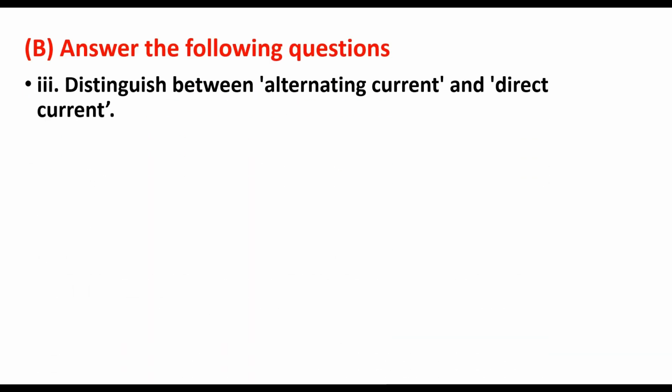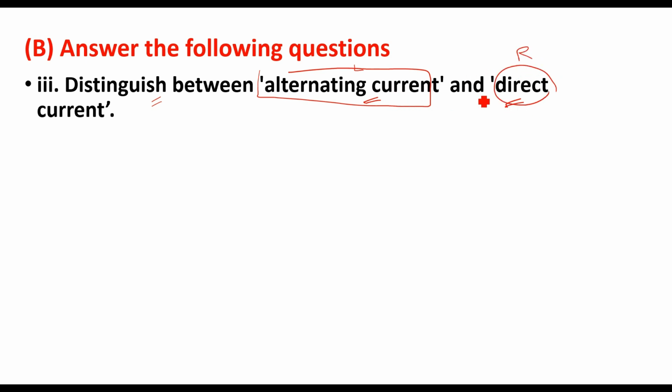Now move to question number 3. Many times the question is asked based on distinguish between. Now here the question is asked between AC current and DC current. See, whenever a question is asked, especially distinguish between, many times we learn alternating current on the left side and direct current on the right side.